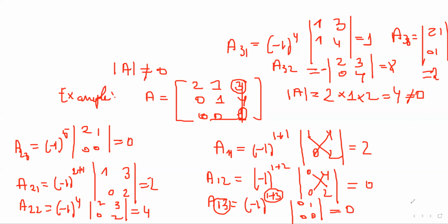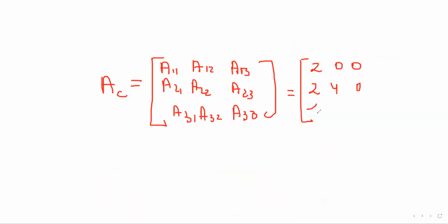And we are going to have here the third row, which is 1, 8, 2. So it's still not what we are looking for.